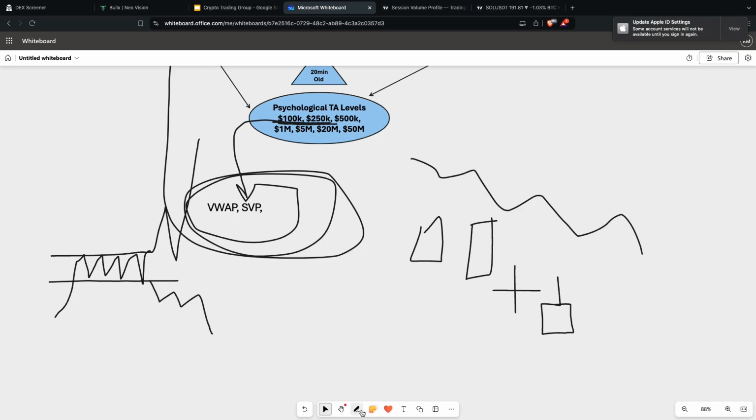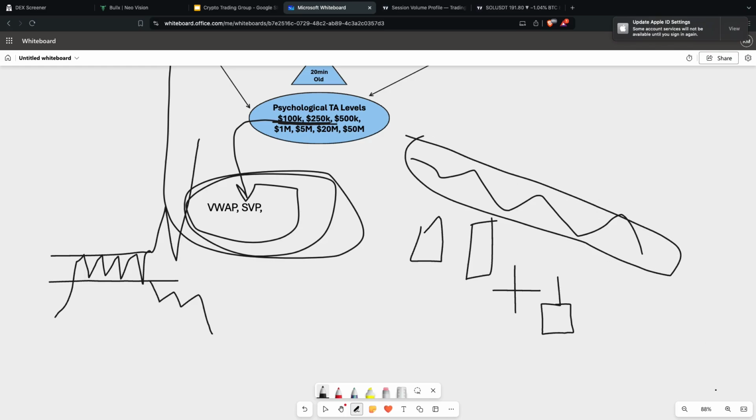So this right over here is your VWAP structure. What you're looking for is signs of the candles being above the VWAP. Your candles are going to have that type of structure.